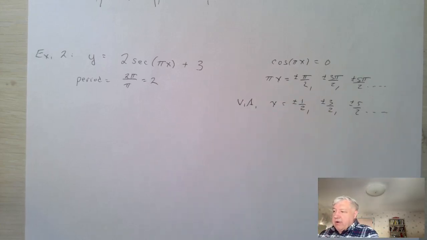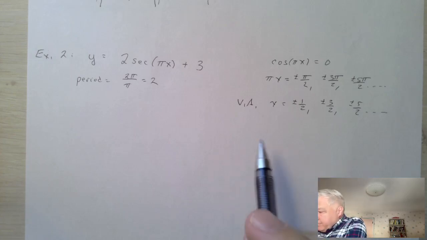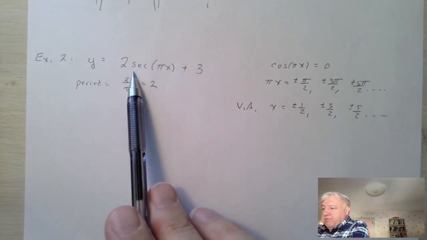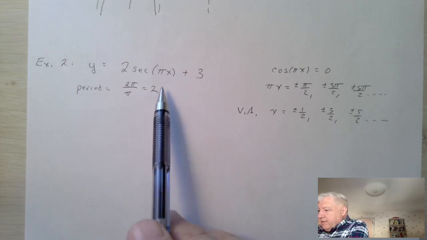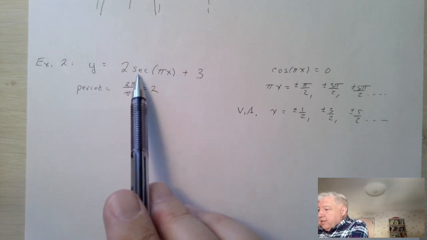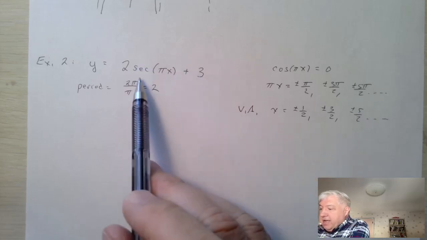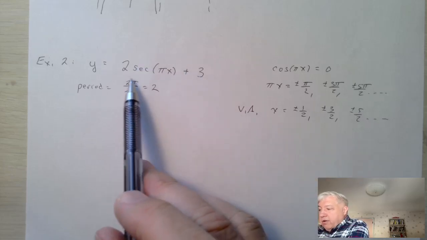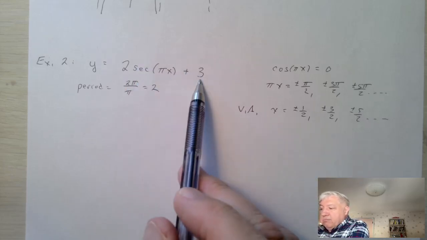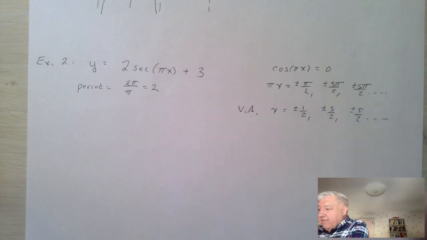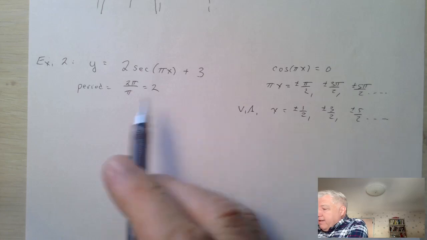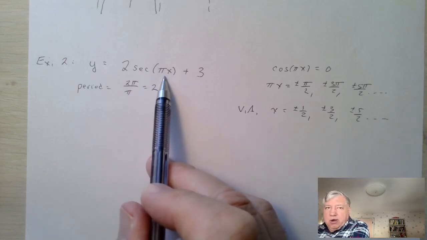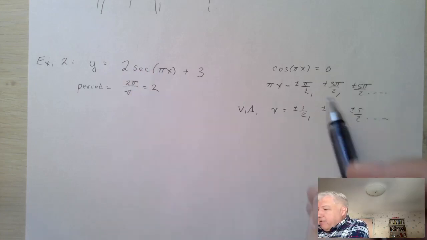Before we graph them, let's just see what the minimum value is, because the 2 and the 3 change things up a little. We know that when the secant is equal to 1, y is going to be 2 times 1 plus 3, so that'll be 5. And so we can see that if the secant is greater than or equal to 1, then y will be greater than or equal to 5.